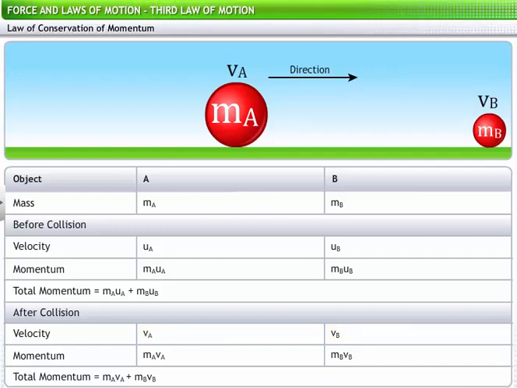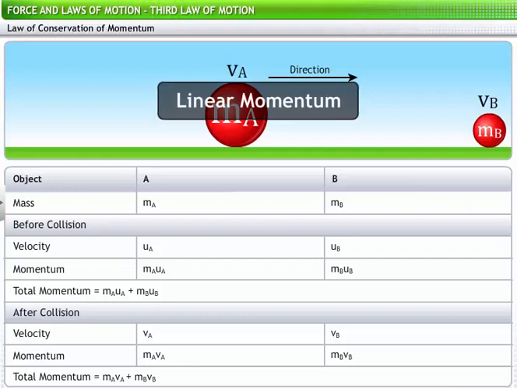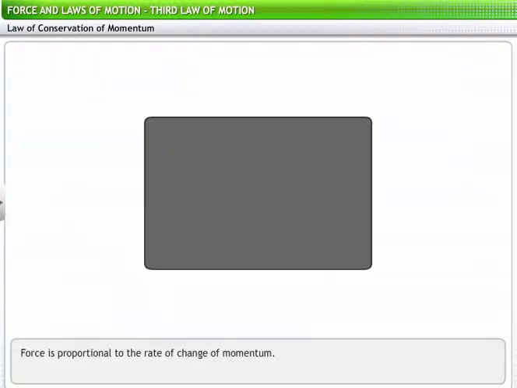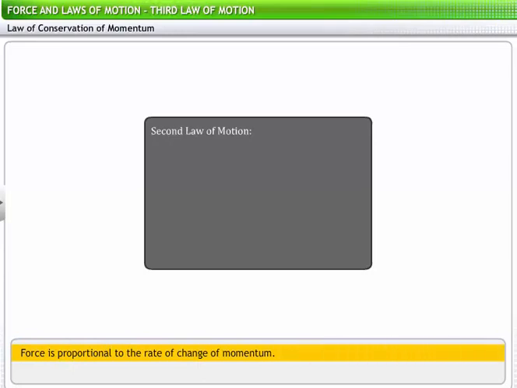As the spheres move along a straight line before and after collision, their momentum is said to be linear momentum. We can use the second law of motion to find the relationship between the momentum of the spheres before and after the collision. According to the second law of motion, force is proportional to the rate of change of momentum.